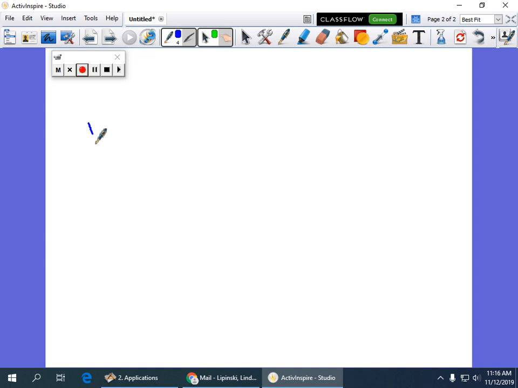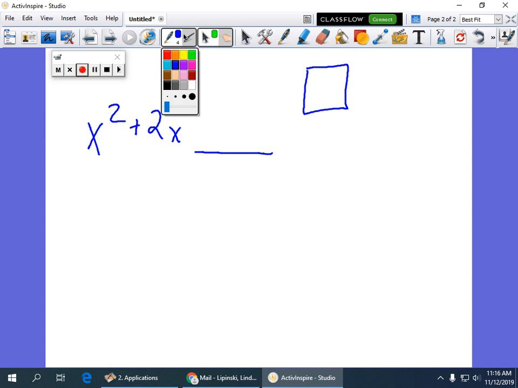We have x squared plus 2x plus blank. Everyone see that? I'm going to do this one with algebra tiles just so you can get a sense. I need one big square. How many rectangles do I need? 2. So one rectangle, one rectangle. To complete the image, how many singletons do I need? 1.